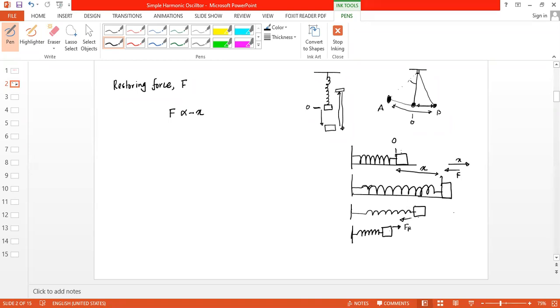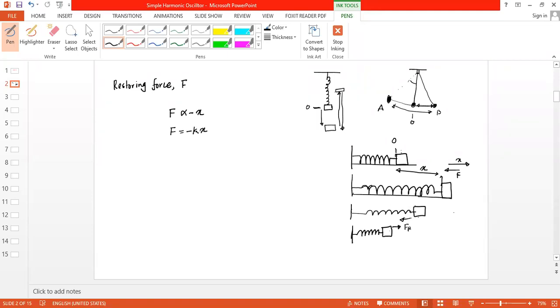Why did I put a minus sign here? Because the directions of force and displacement are opposite. The force acts in the direction opposite to the displacement, or I can say the restoring force acts opposite to wherever the displacement is. That is why the minus sign came here. And you can write this as F equal to minus k times x.